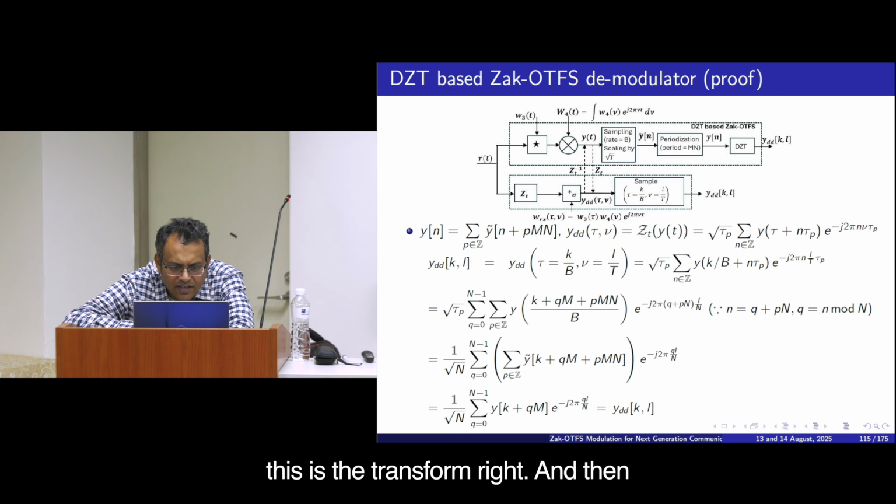So, I replace this big summation over small n with this summation where q is going from 0 to N minus 1 and p is going everywhere from minus infinity to plus infinity. It is just a mathematical trick, nothing more than that. And I replace this n with this thing. So, I get k by B plus, you replace this n over here with q plus pN.